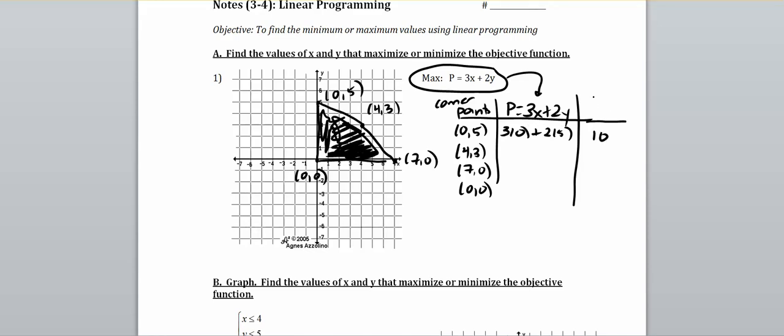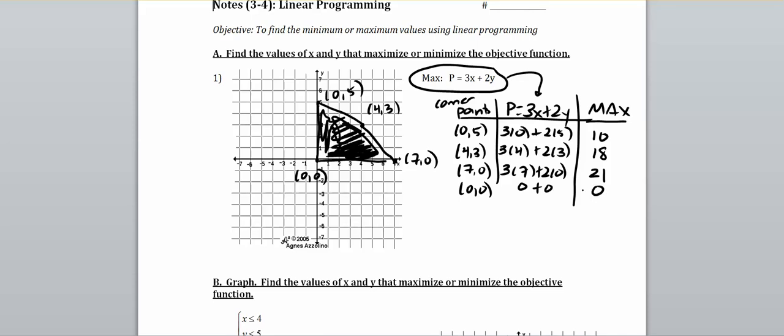In this column, because of this problem, I'm looking for the maximum value. All right, so let's do the next one. If I do 3 times 4 for my x value plus 2 times 3, I'm going to get 12 plus 6, and that would give me 18. Then I could do 3 times 7 plus 2 times 0. That will cancel. I get 21. And for 0, 0, that's just going to be 0 plus 0.